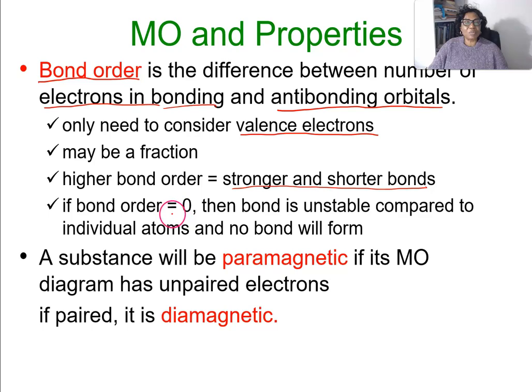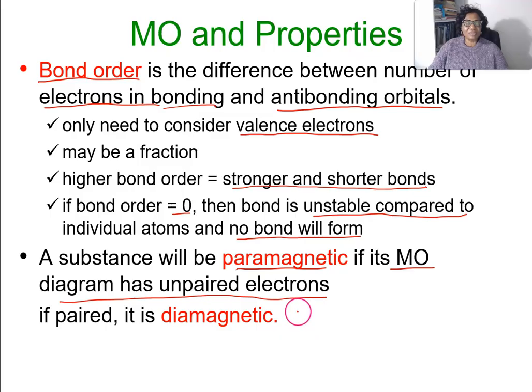If bond order equals 0, then the bond is unstable compared to individual atoms and no bond will be formed. A substance will be paramagnetic if its molecular orbital diagram has unpaired electrons.